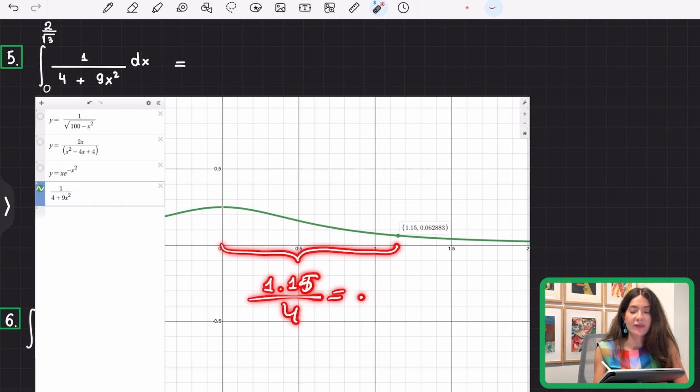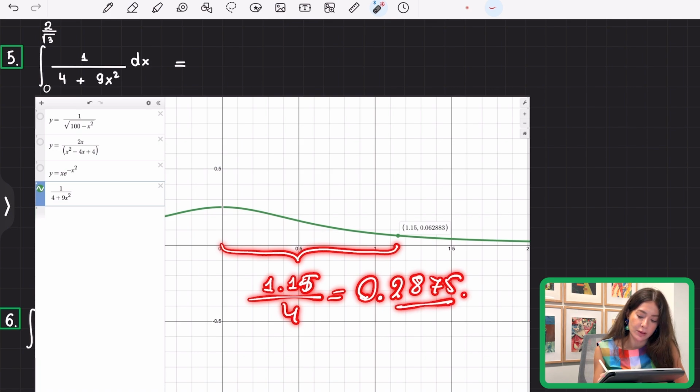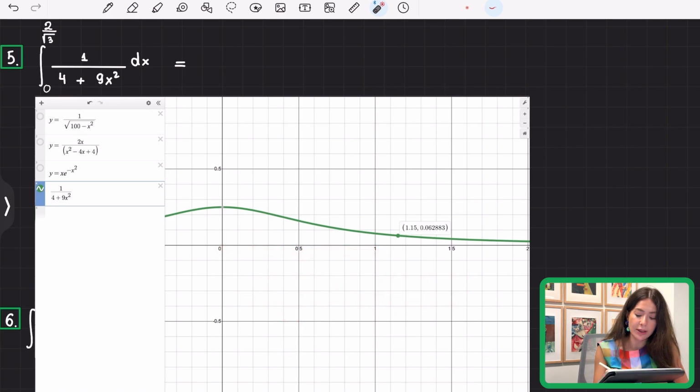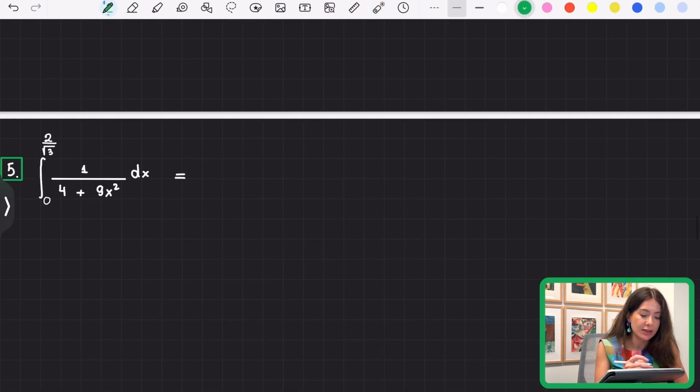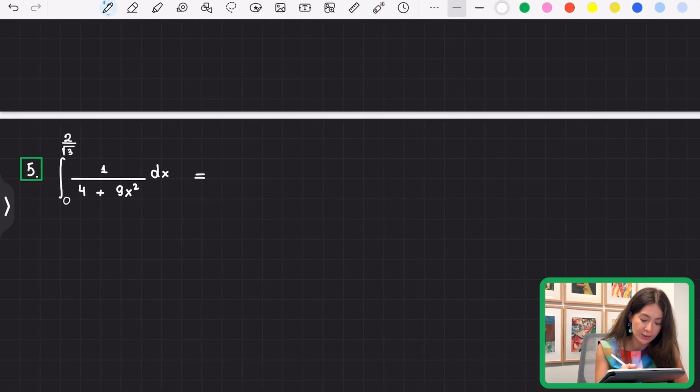And 1.15 over 4 is 0.2875, right? Yeah. So we're expecting our answer to be somewhere around 0.3, 0.4, 0.5, somewhere around there. So that just gives you a good ballpark. So we don't know what the exact answer is going to be.